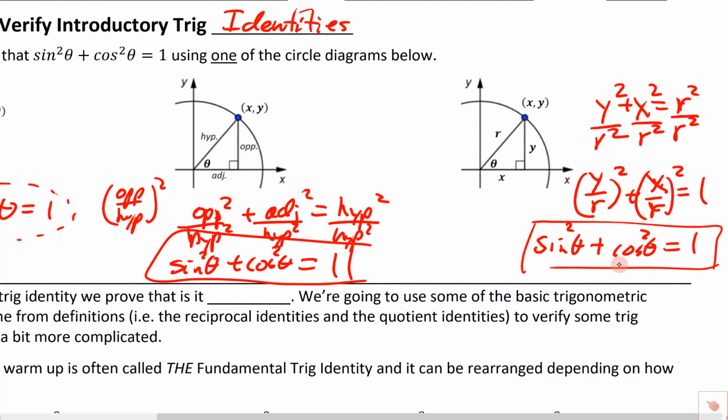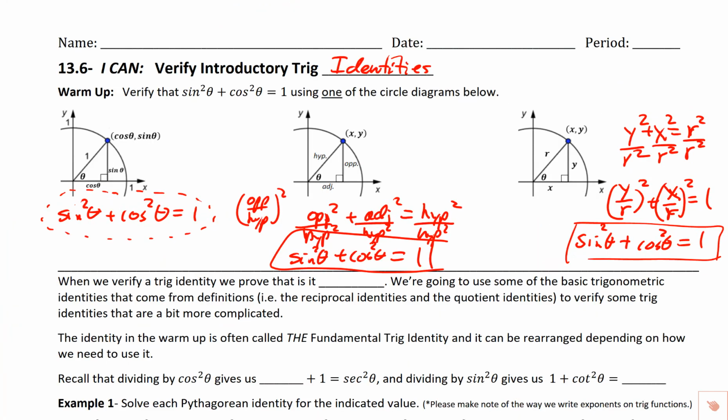Now, that definition, that y over r is what sine is, and x over r is what cosine is, that's not introductory trig. That's a little more sophisticated. But what I'm hoping that you can see is a very simple argument that we came up with the other day turns into something like this that's like, oh, okay, I can get that. That turns into something like this where we're not using names and we're not using trig functions to start off with, something we made on the unit circle.